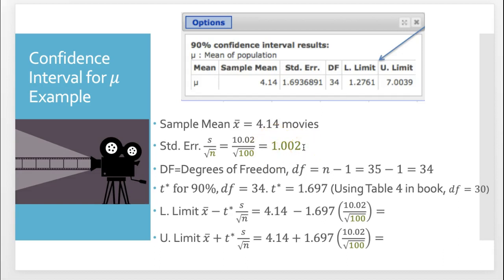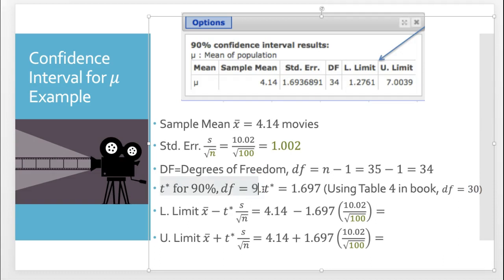And now, the other thing here is the degrees of freedom. Your book doesn't have 99 degrees of freedom. The degrees of freedom here should be 99 because we have a sample size of 100.